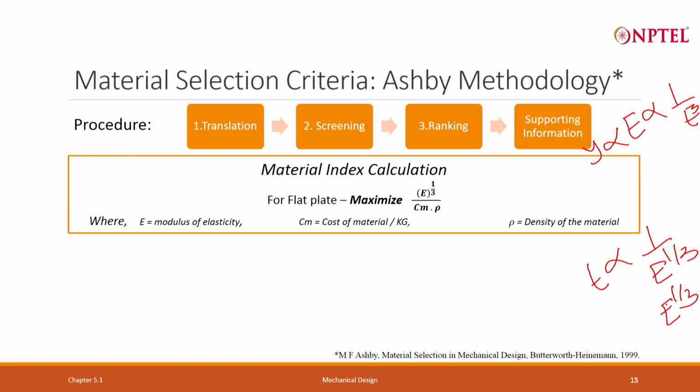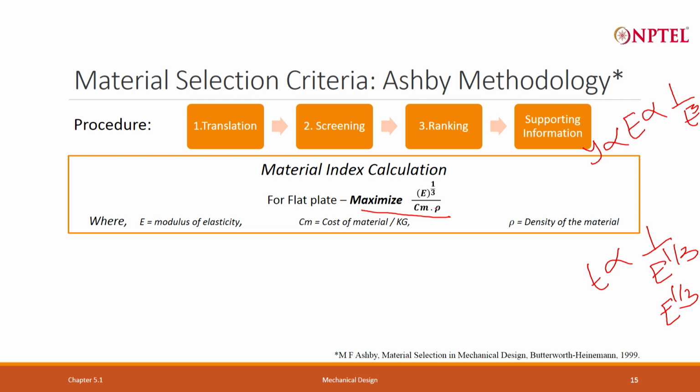If I maximize this function, the cost is getting minimized. Similarly, my aim is to minimize the weight. If I have to maximize, then 1 by weight will come in the denominator. That is how this function is formed.